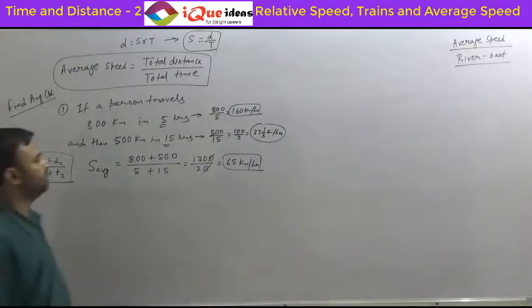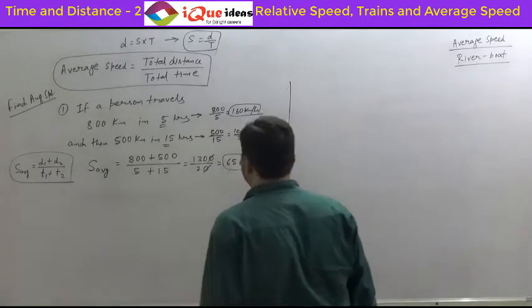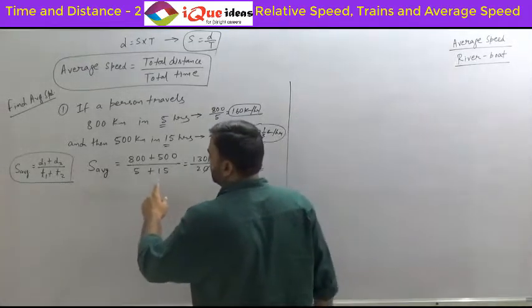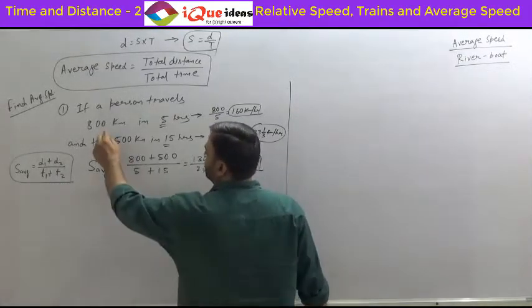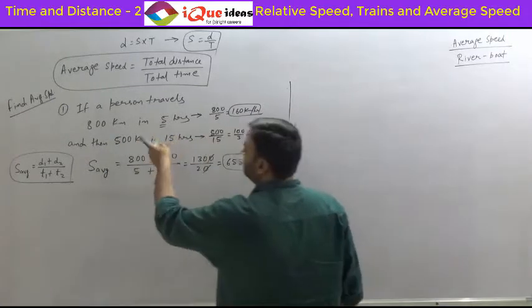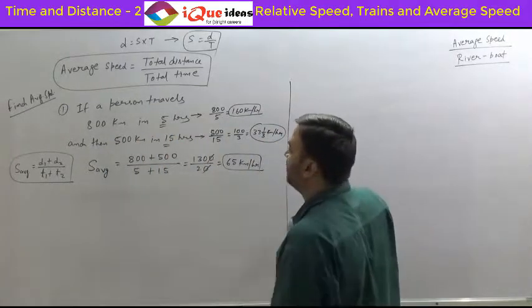Let's take the second case. Now in this case, there were different parts. The distances were traveled in different parts. Distances were given and the times were given. Let's change the situation. Suppose speed and time were given.